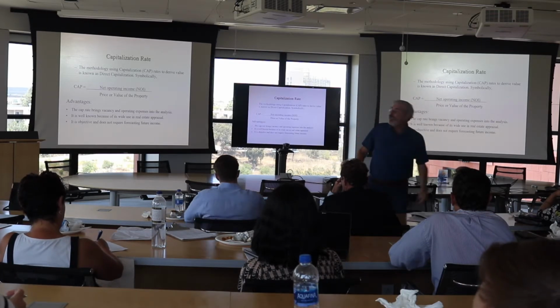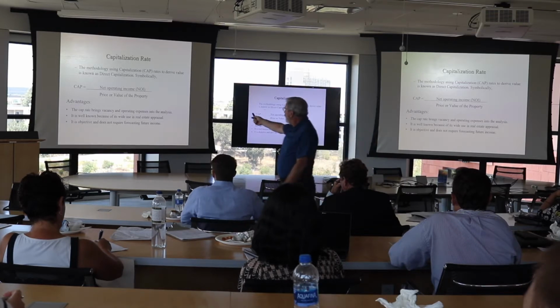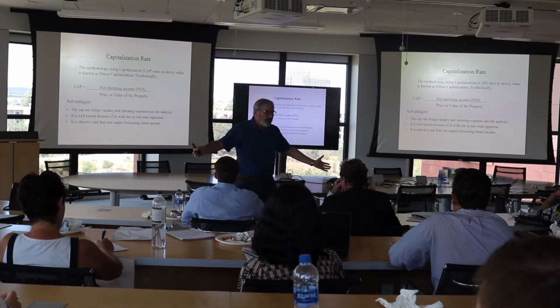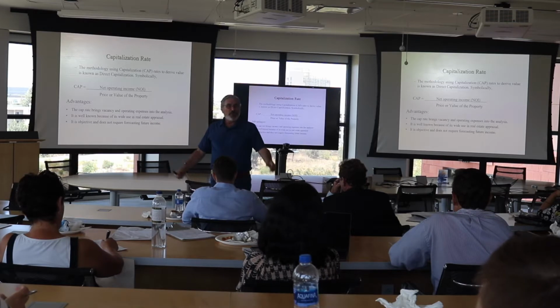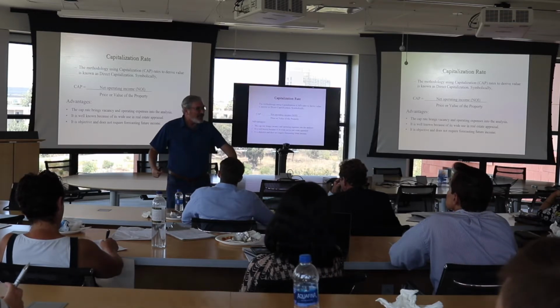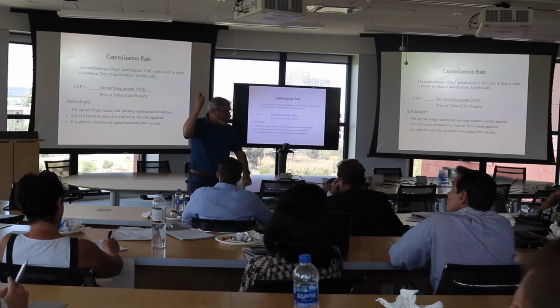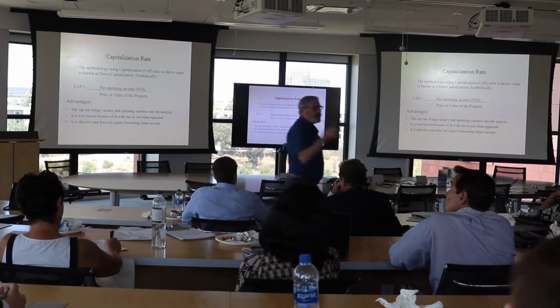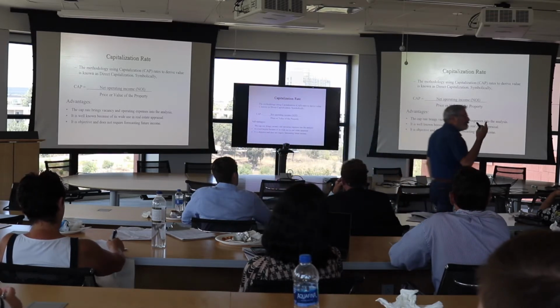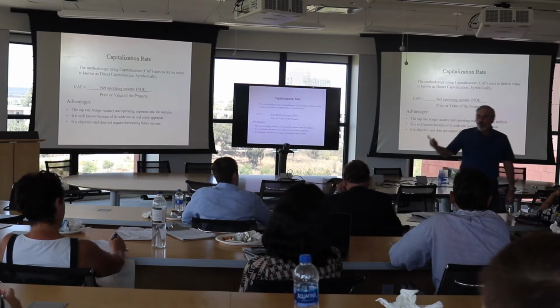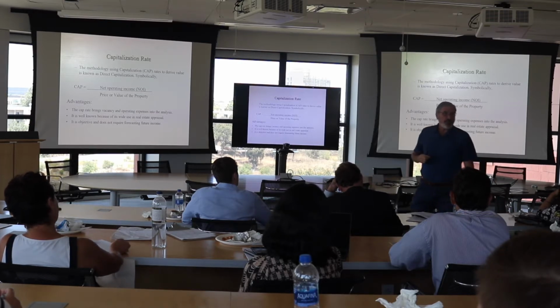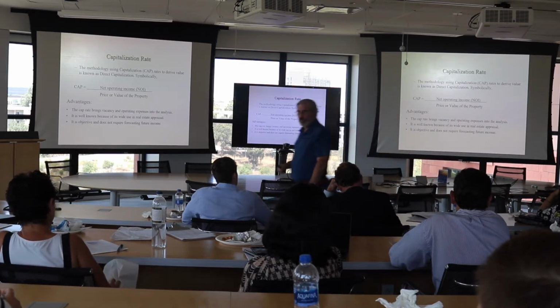Okay? Vice versa. The answer is going to be the opposite. I'll just tell you. All right? So if the value is going down, the cap rate is going up. So when we see a market where cap rates are going down, that's telling us that investors are willing to pay more for cash flow than they were before.